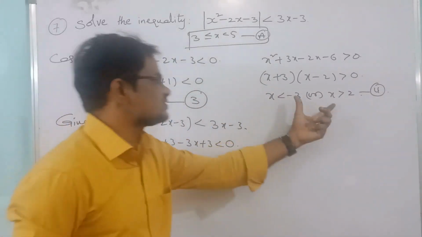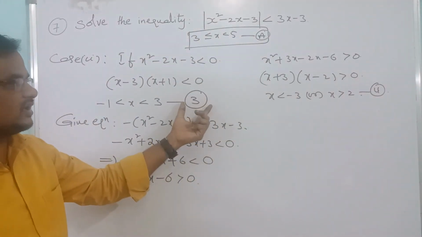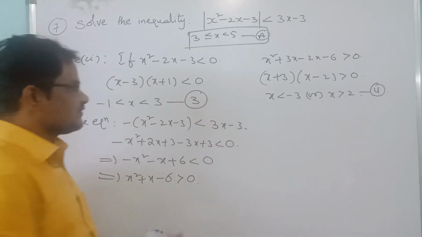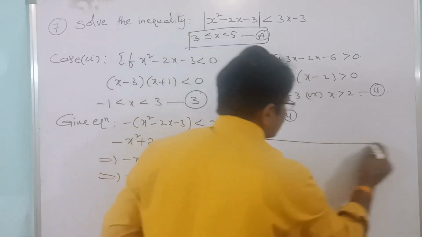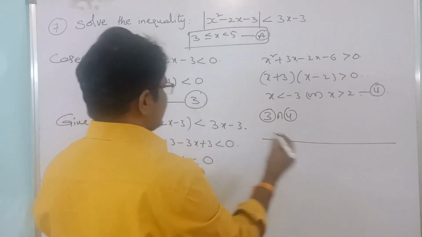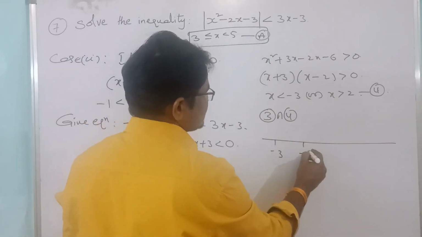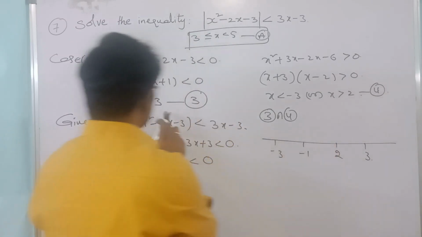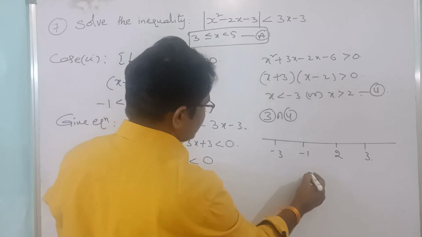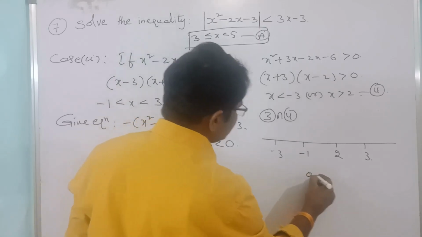Now we have to observe whether these values also satisfy the condition of equation number 3. For that we have to take the intersection of 3 and 4. So here minus 3, minus 1 and 2, 3. The first equation is the open interval minus 1 to 3.